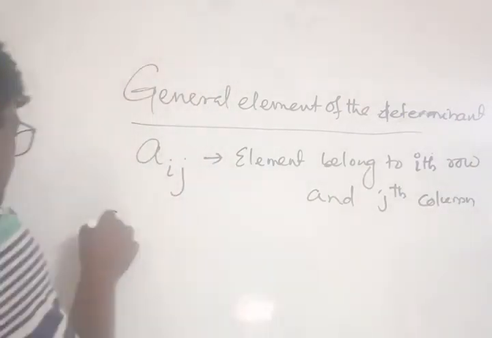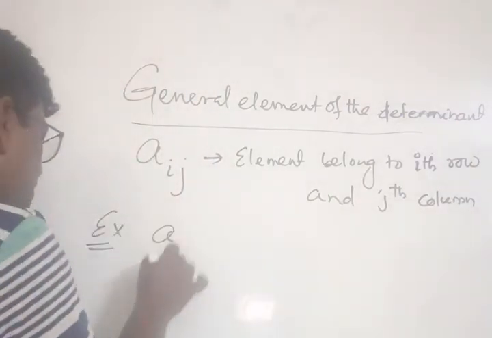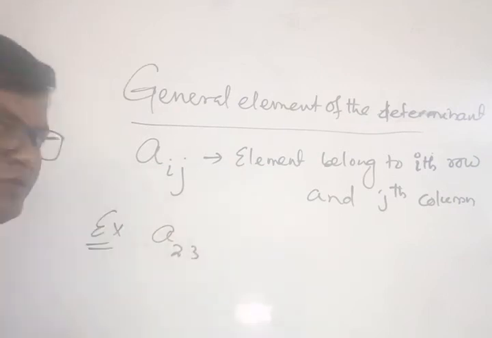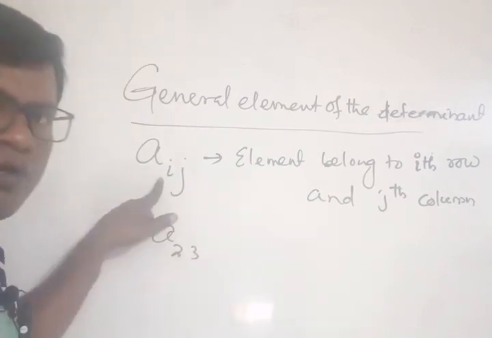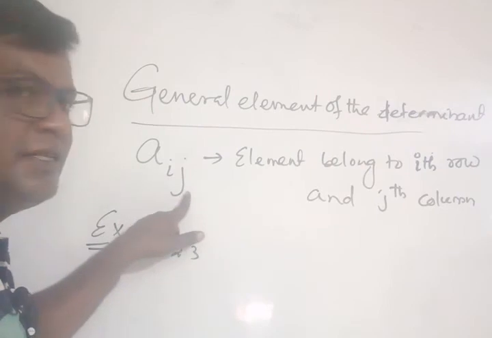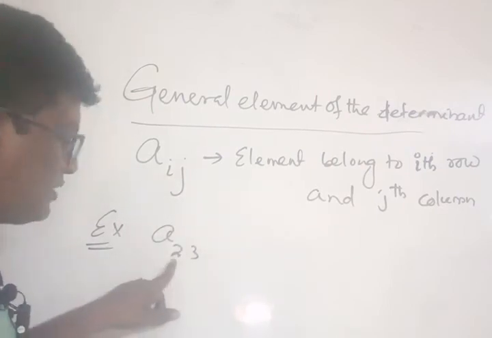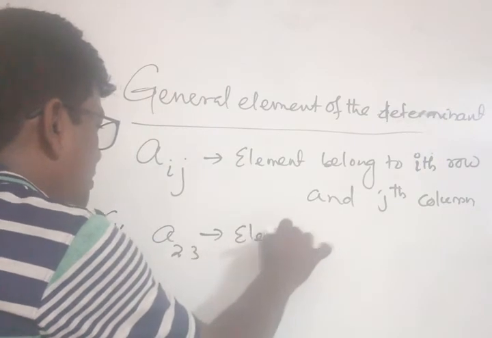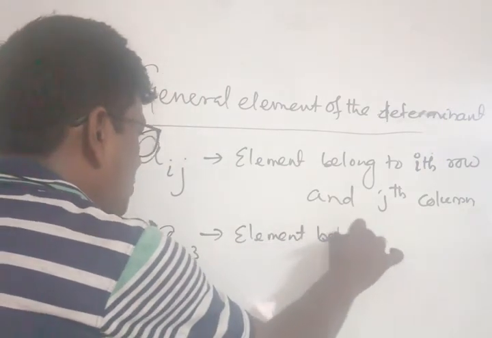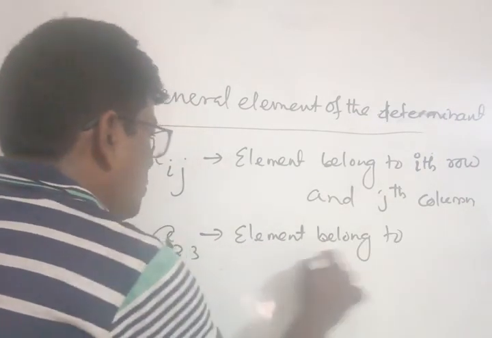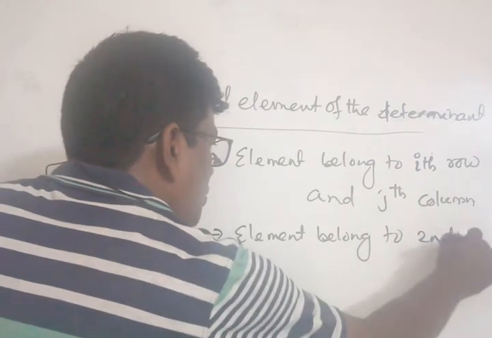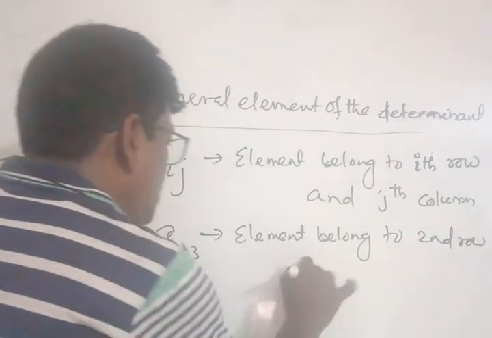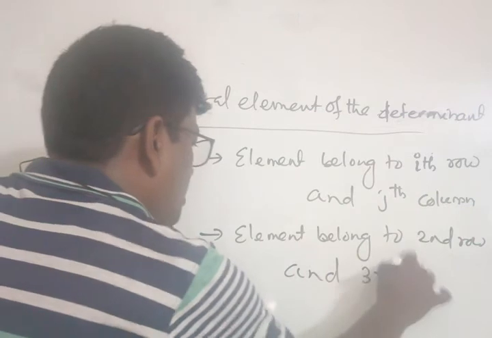For example, what is the meaning of A23? The first number is the row number, the second is the column number. 2 3 means second row, third column: the element belonging to the second row and third column.